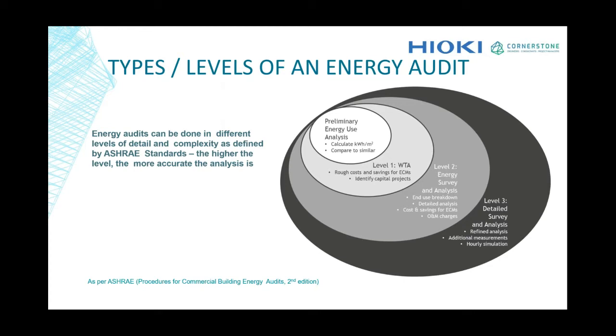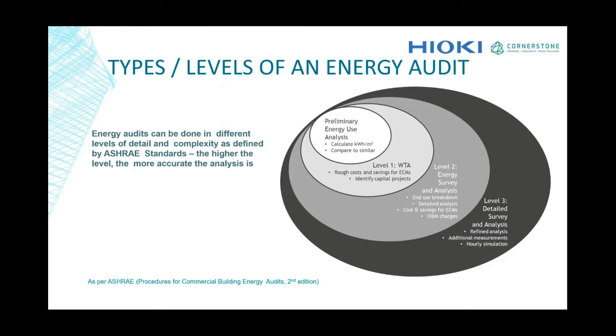Now level 3 takes it a notch higher. Again, it's building up from what level 2 has done. It has a more refined analysis and additional measurements. If a level 2 audit had the chiller logged for a period of, let's say, 1 week or 10 days, we might take more measurements, maybe across different seasons.